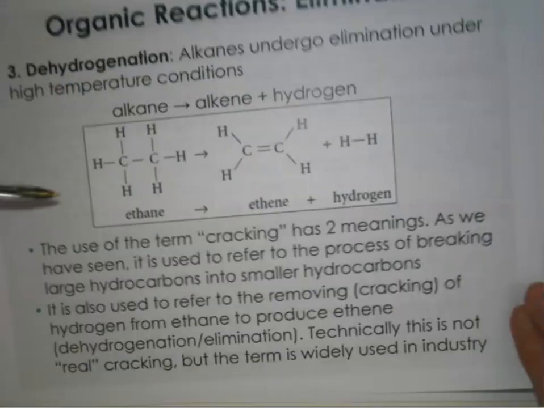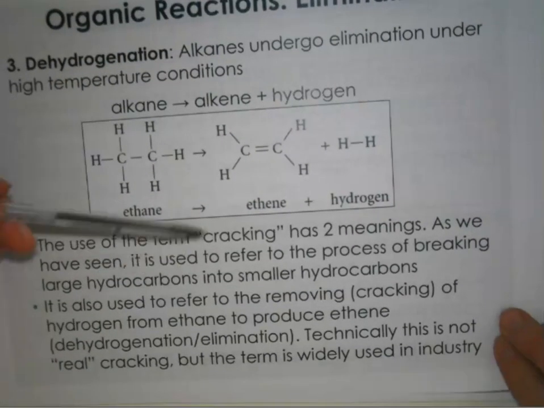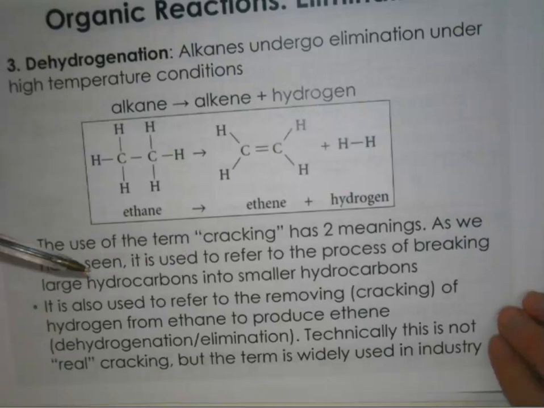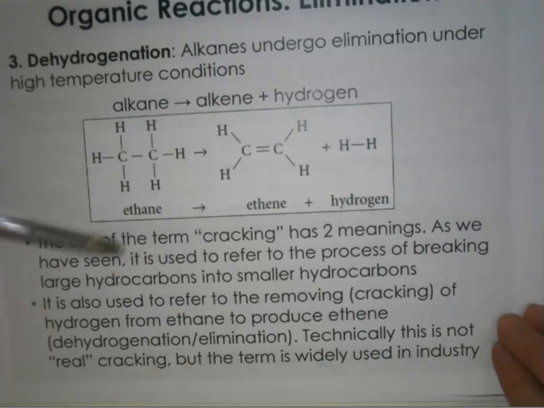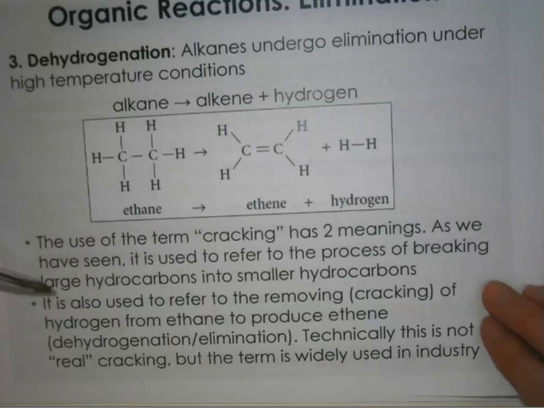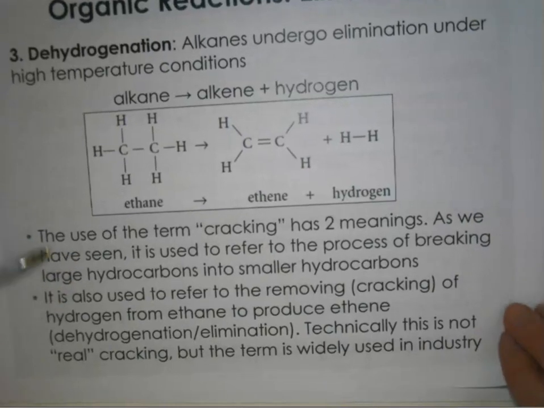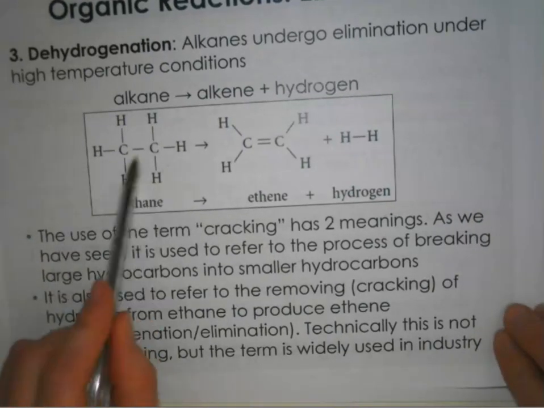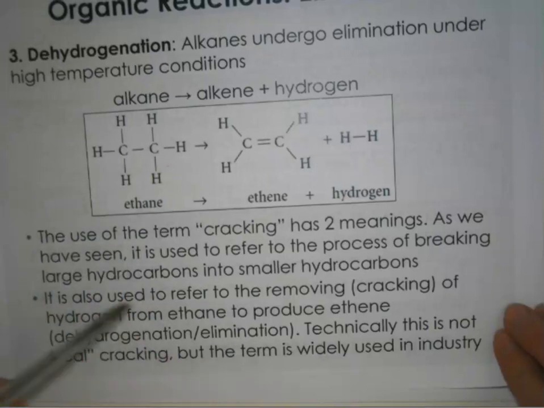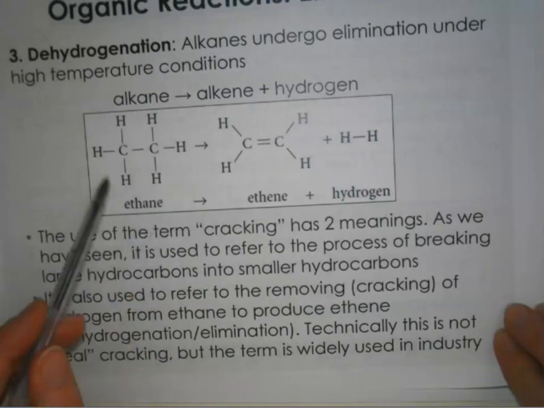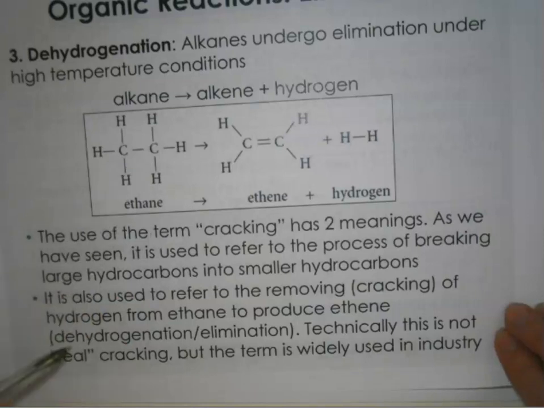Okay, there's a little bit of information here about the term cracking, because we talked about it in the last section, but it technically has two meanings. As we've seen, it's used to refer to the process of breaking large hydrocarbons into smaller hydrocarbons. That's what we looked at in the last lesson. But it can also be used to refer to the removal of hydrogen, which is referred to as cracking the hydrogen from the ethane.